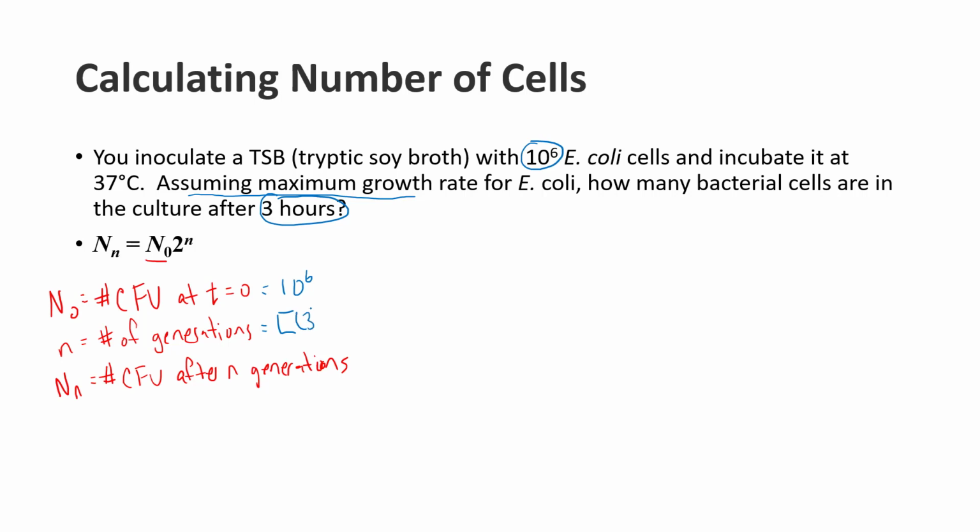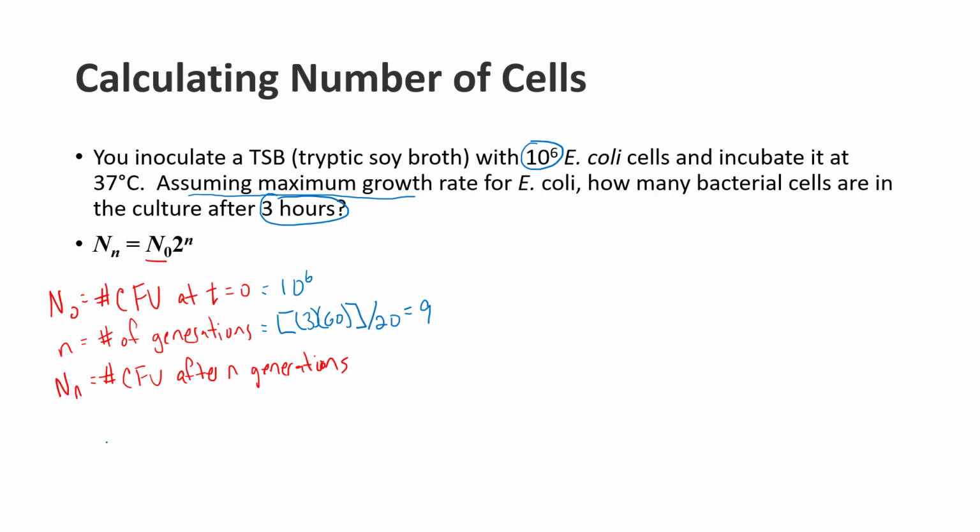So we would multiply 3 hours times 60 minutes per hour, and then E. coli doubles every 20 minutes, so we would divide that by 20 to give us 9 generations. All right, so 9 generations, so n equals 9.